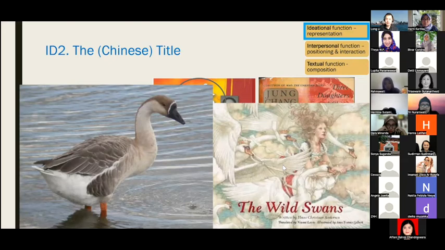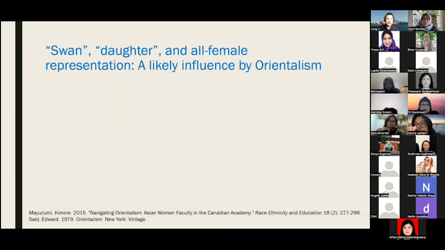It has strong feminine and romantic connotations in the English language. So I suggest that these several instances that carry strong feminine connotations, words such as swan, daughter, and the all-female representation on the front cover, are likely influenced by an ideology called Orientalism.